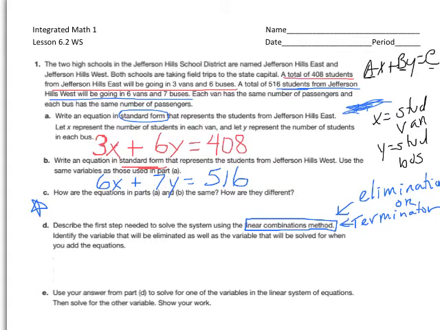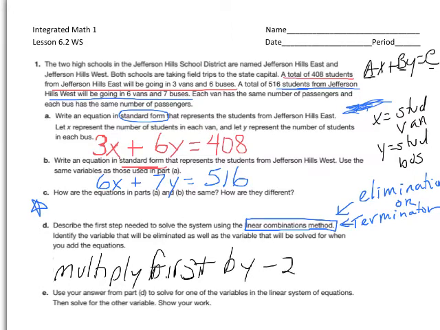So you might want to say, man, if this one was -6, that'd be cool. That'd be sweet. Okay? So you could say multiply the top by -2. Multiply the first by -2, everything, and that'll become -6.